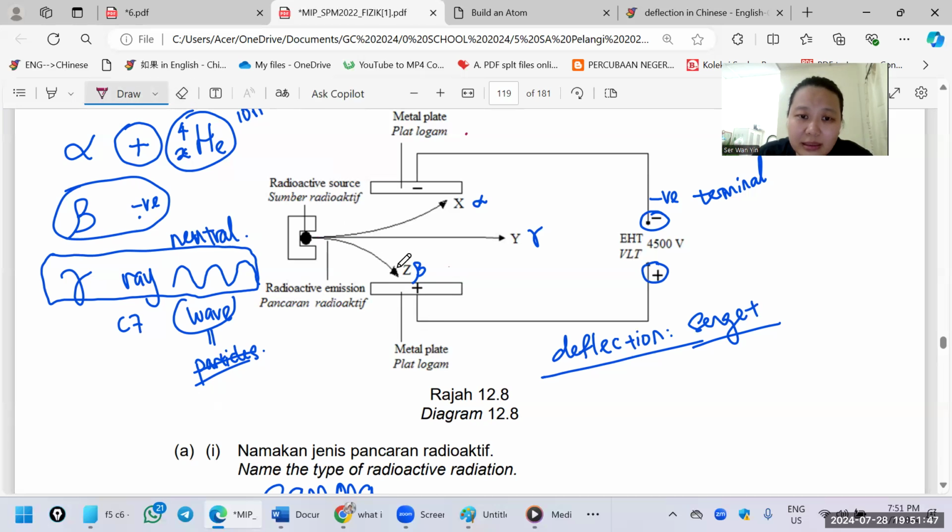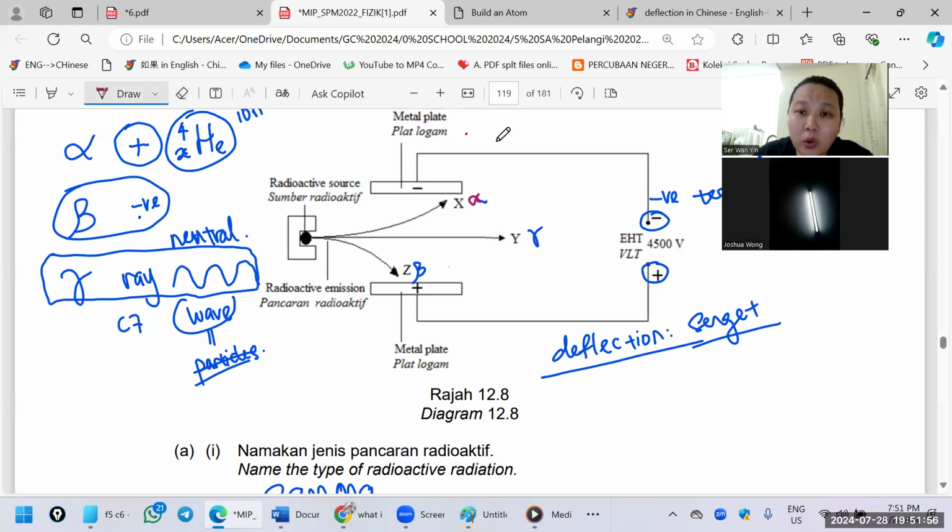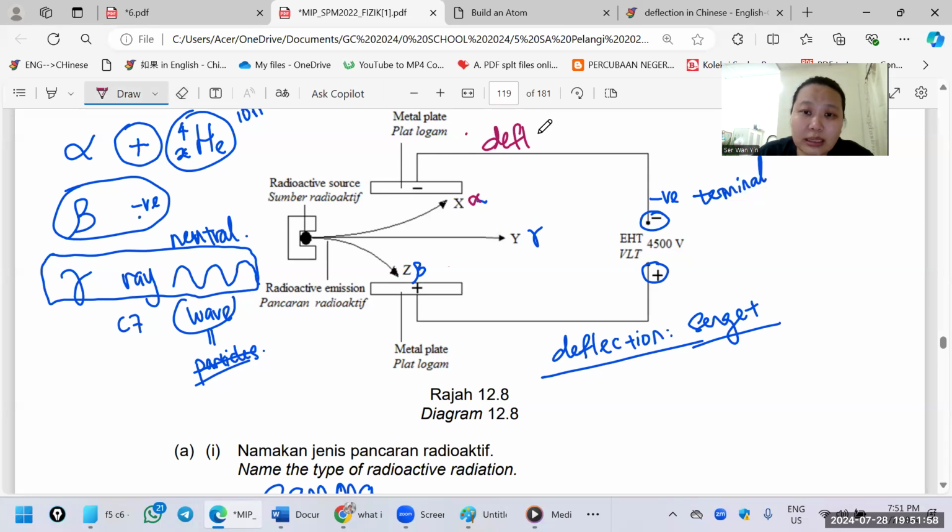Let's just compare Z and X. How to see which one deflects? Can anyone tell? Which one deflects more? X. Thank you, Tina. X, one vote. Anyone? Z. Thank you. Anyone?